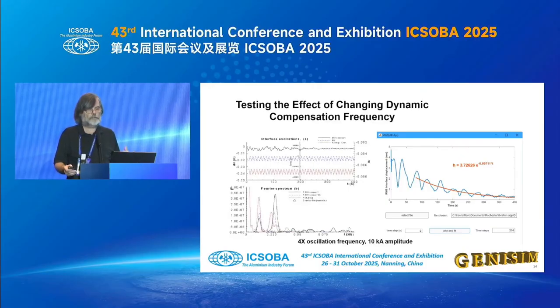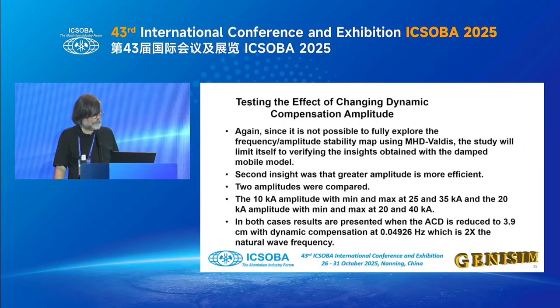Now after that, the question, what is the amplitude that is the best? So the next question is, I tried double the amplitude to 20. So instead of going from 25 to 35 in my compensation bus bar, I'm going from 20 to 40. And with this increased amplitude, I'm getting a worse result than with the 10 kiloamps amplitude.